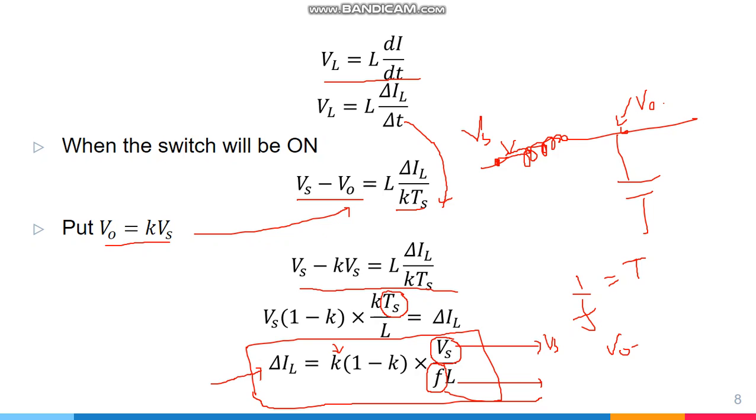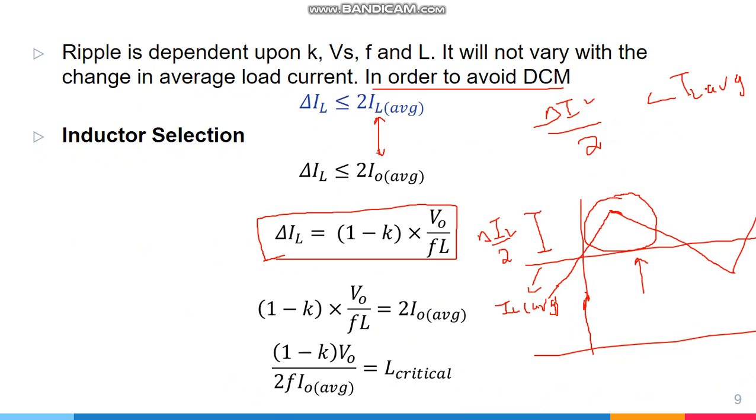If V naught is equal to K times Vs, then Vs is equal to V naught over K. This value is put in place of this Vs, so the end result is something like this: 1 minus K into V naught over FL.